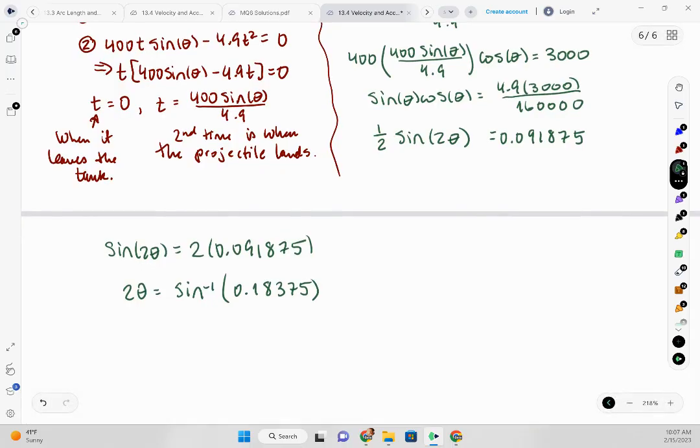Let's actually figure out what sine inverse of that is.